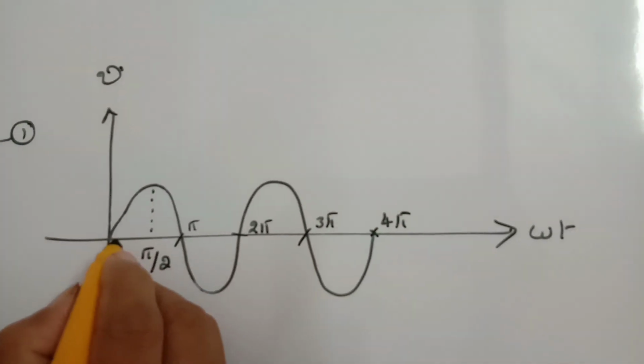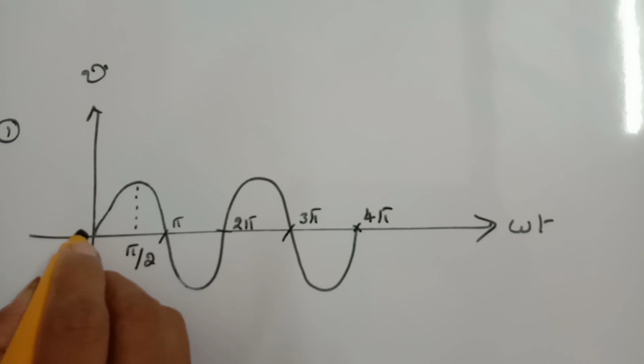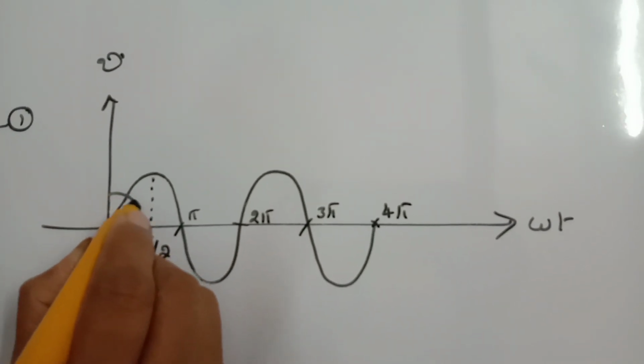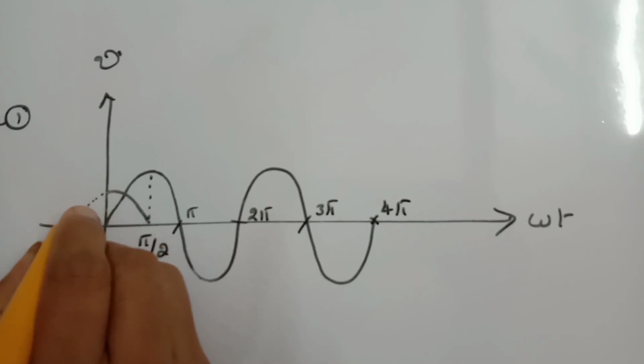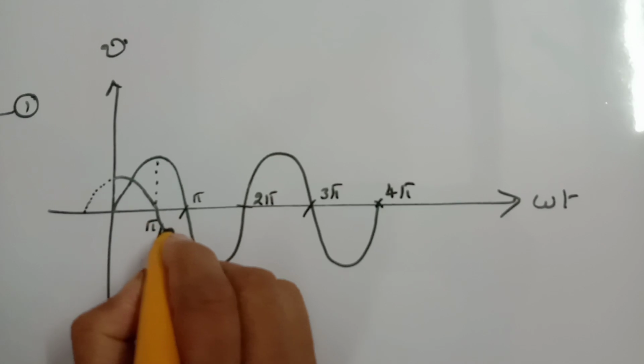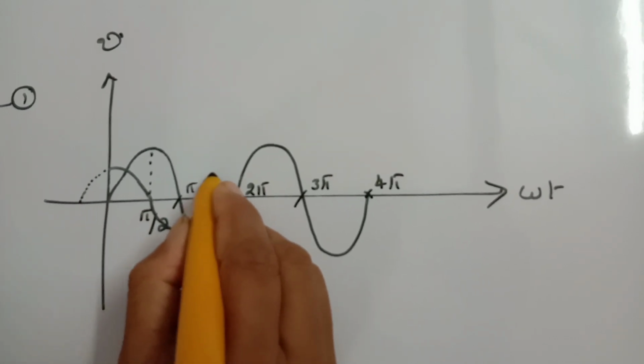Since current leads, when voltage starts, current will already reach the maximum. So waveform will be like this. It is already started from here. It reached the maximum. When this becomes 0, it will enter negative maximum.